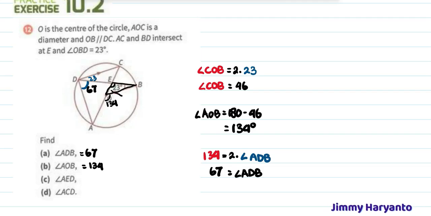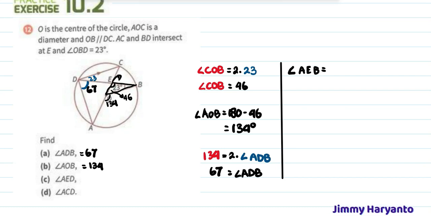So we already know that this one is 46. That means the angle of AEB equals 180 minus 23 minus 46, which is 180 minus 69, 111.